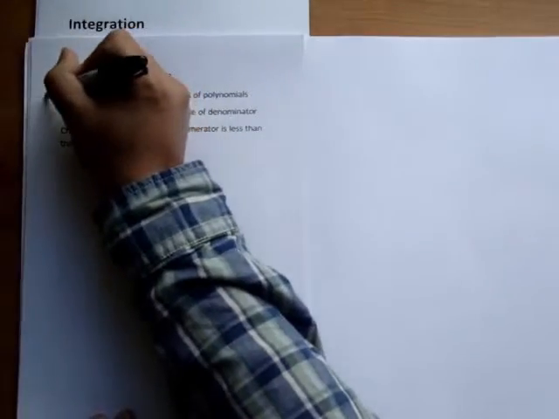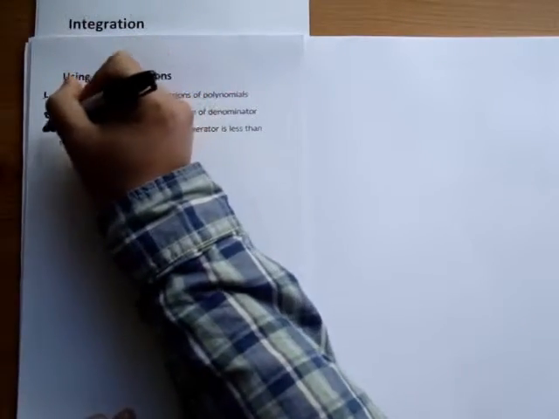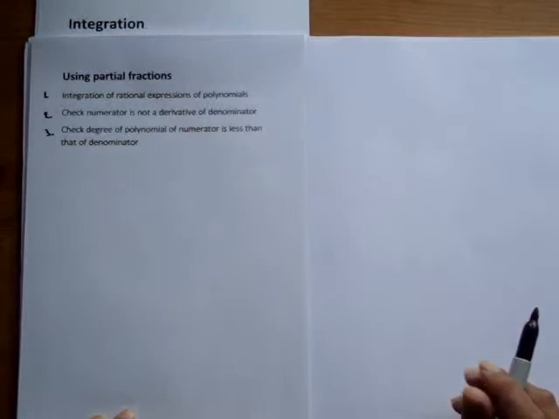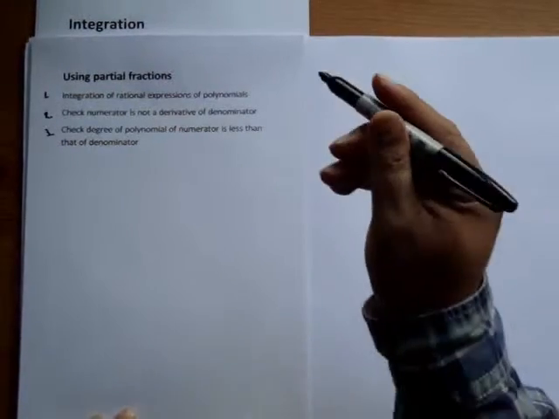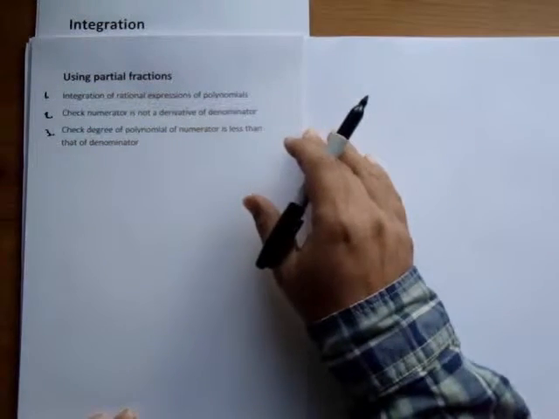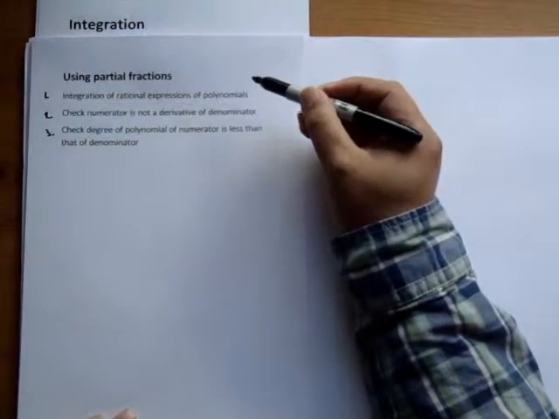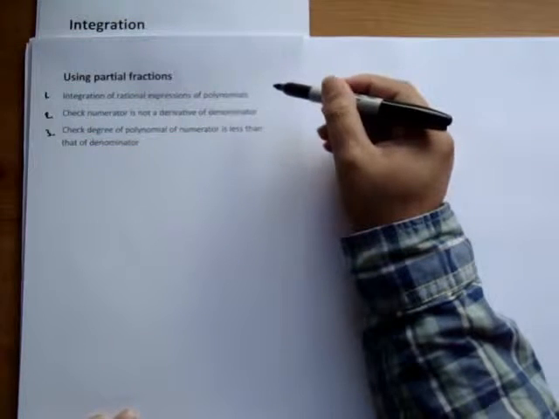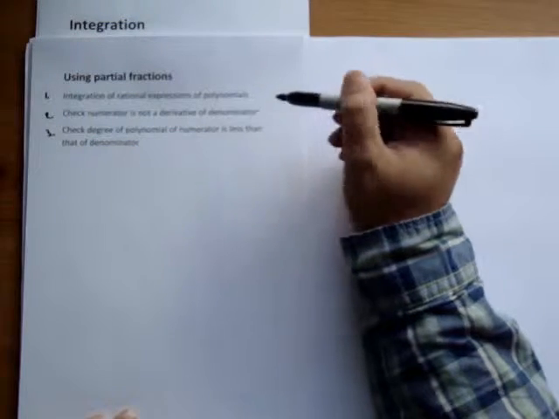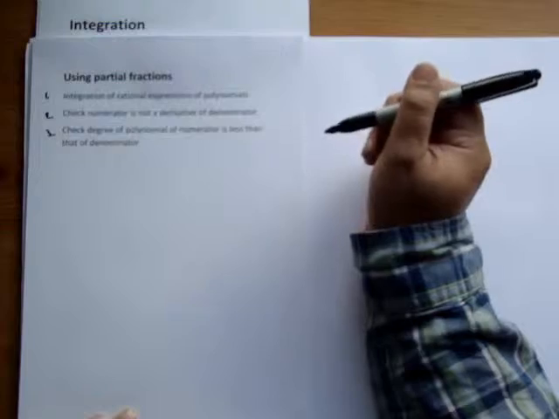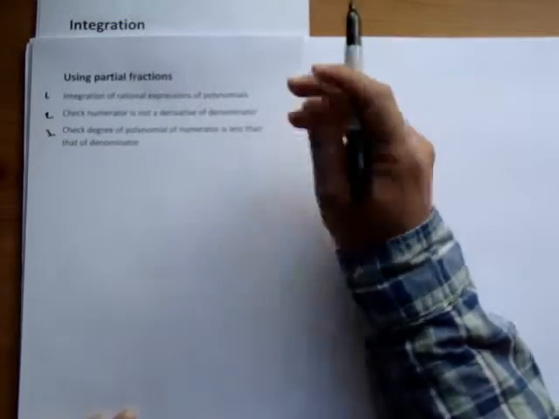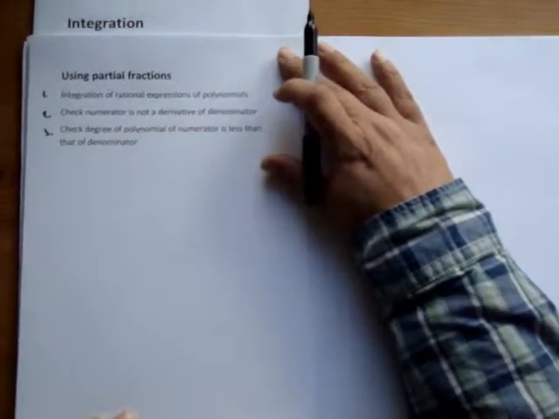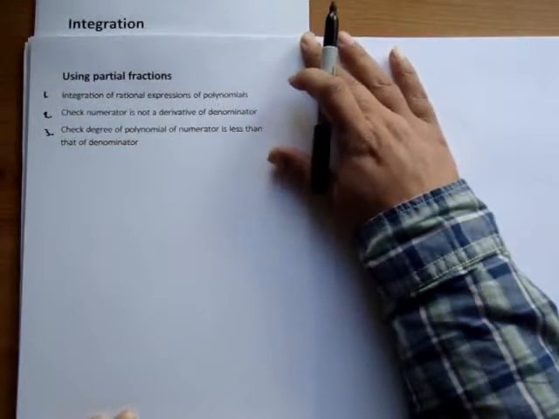When doing integration using partial fractions, there are 3 rules to bear in mind. It's the integration of rational expressions of polynomials. We have to check the numerator is not a derivative of the denominator. If it is, then we can use another integration technique.